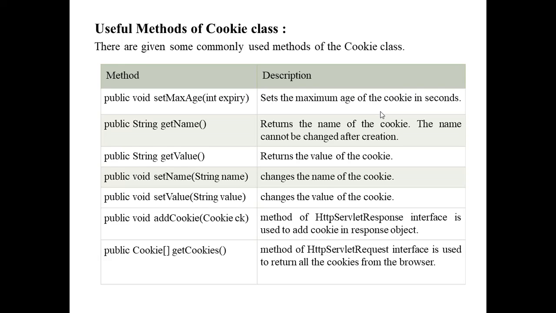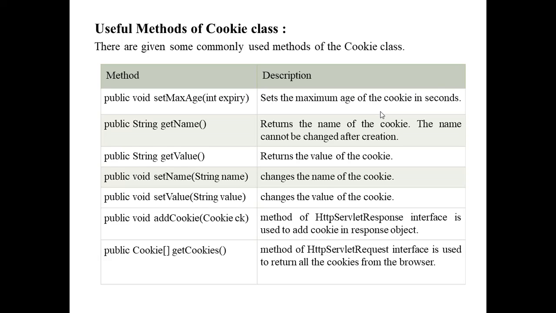Then the next method is public void addCookie. This method of the HttpServletResponse interface is used to add the cookie in a response object. And the seventh method is public Cookie[] getCookies.